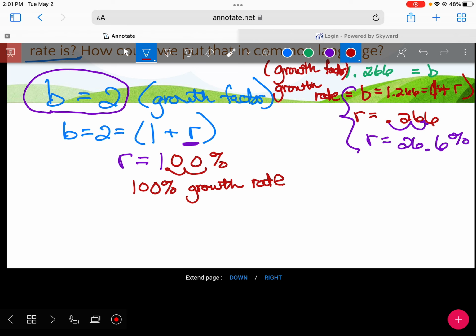If I don't have any growth rate, it's going to stay at 4 inches, right? If I have a 100% growth rate, it'll be 8. So 4-inch hair goes to 8-inch hair in length.